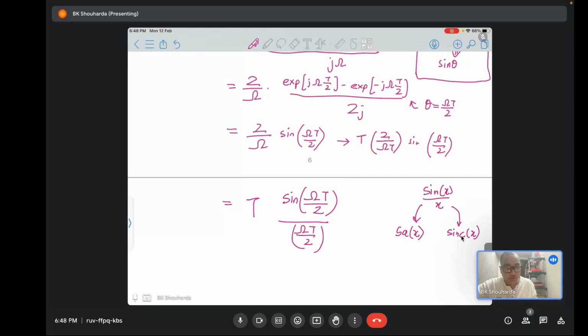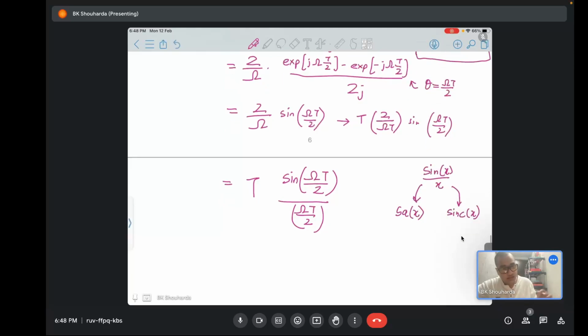Some standard books like B. P. Lathi's write sinc x as sine x upon x. Now the funniest part: some other books, like Papoulis or maybe even Oppenheim, write sinc x as sine pi x upon pi x.